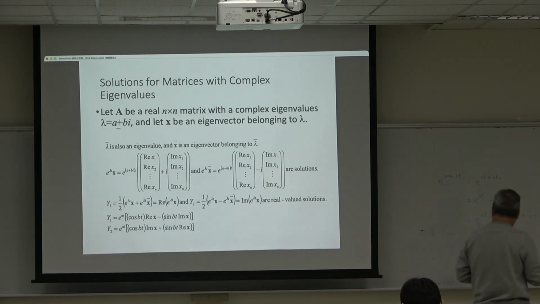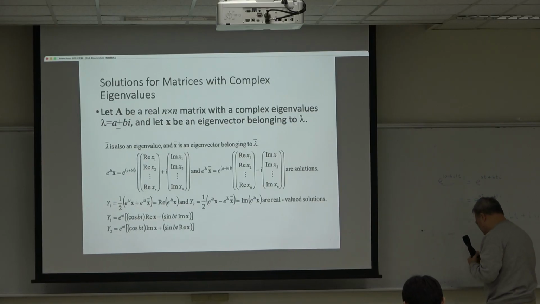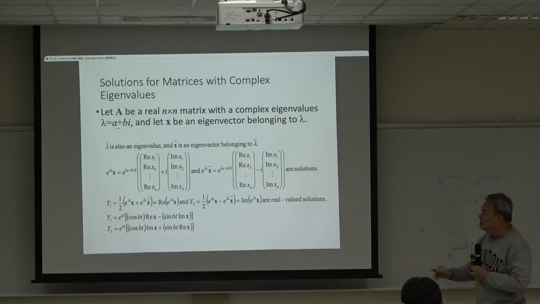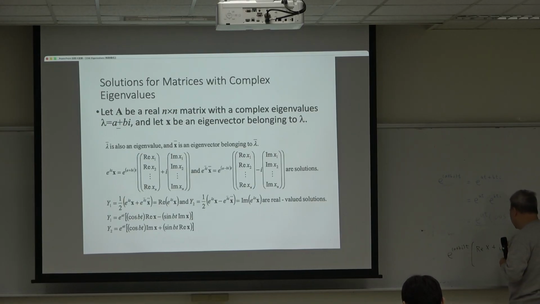This is e to the power of a plus bit times the real part of x plus i times the imaginary part of x, right?